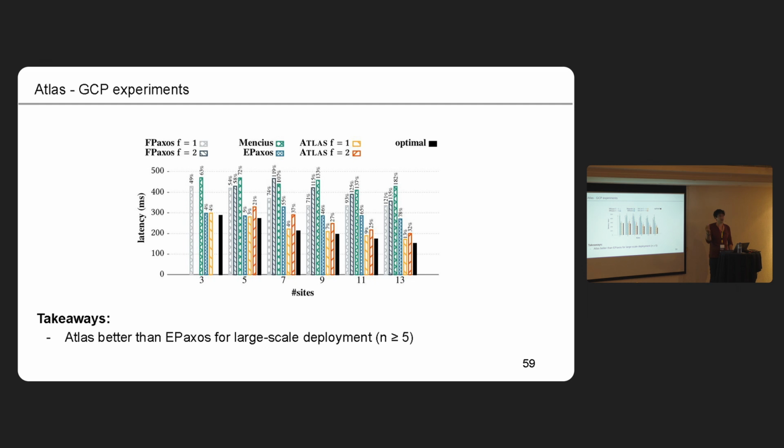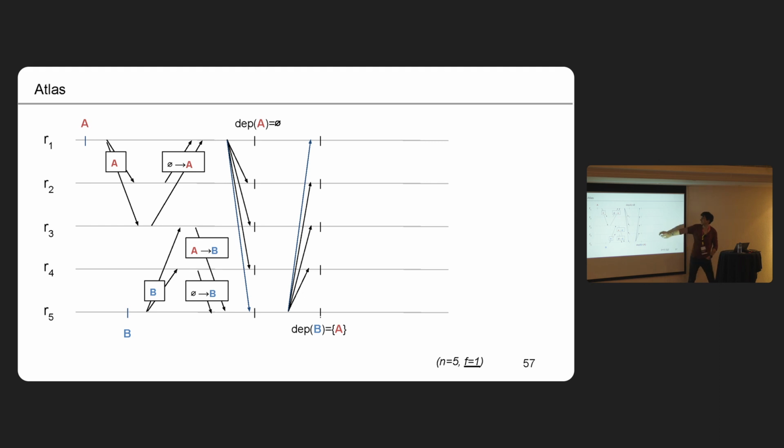Because I can have, for instance, with f equal 1, in a 5-node system like this one, I can use those 3 nodes to do Paxos, and the other ones will reach the Paxos nodes. So this node, the leader, will be super efficient, but the others have to route through it.